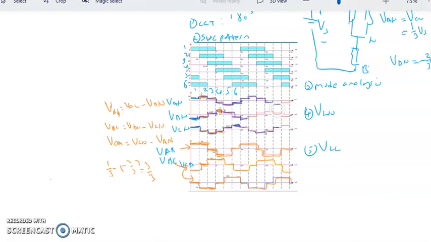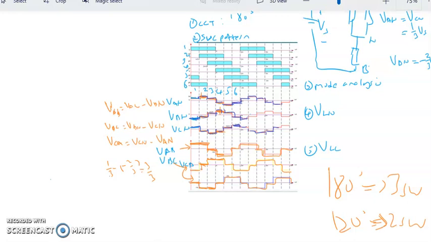Same for the 120 degrees analysis. It's just that for 120 degrees analysis, only 2 switches are connected at each mode. For 180 degrees, 3 switches. For 120 degrees, only 2 switches connected.